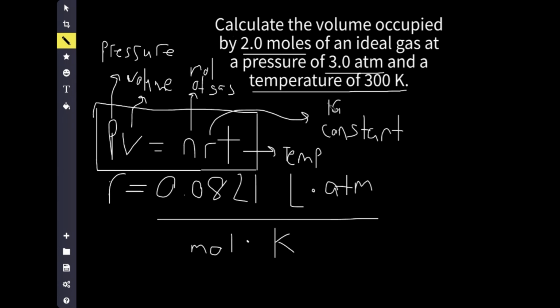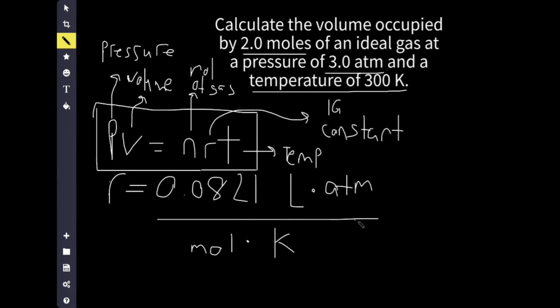R is going to be our ideal gas constant. And usually when you're doing these problems, your teacher is going to give you the ideal gas constant, or they might have some sort of textbook or reference guide. One ideal gas constant is 0.0821 liters atms over moles times Kelvin, and they can be in different units.